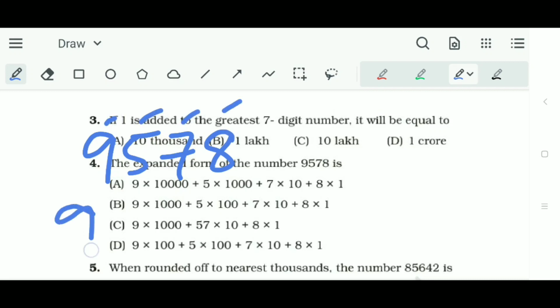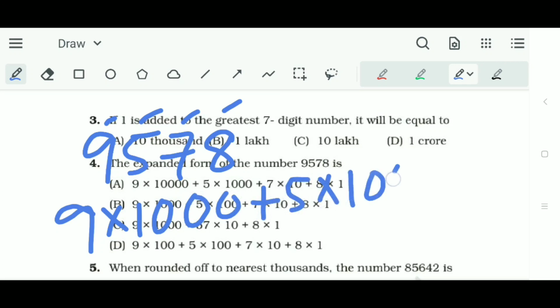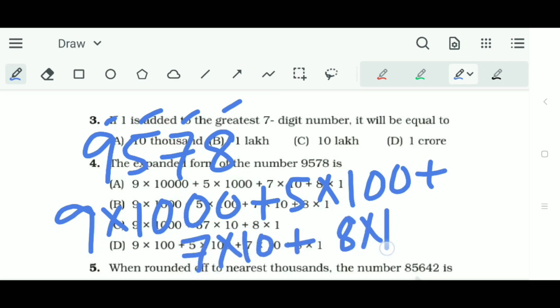9,578. So let's multiply 9 with 1,000 first, then 5 will be multiplied by 100, then 7 will be multiplied by 10, then 8 will be multiplied by 1. For making you understand it properly, I am just writing here ones place, then tens place, then hundreds place, then thousands place, means 9,000.